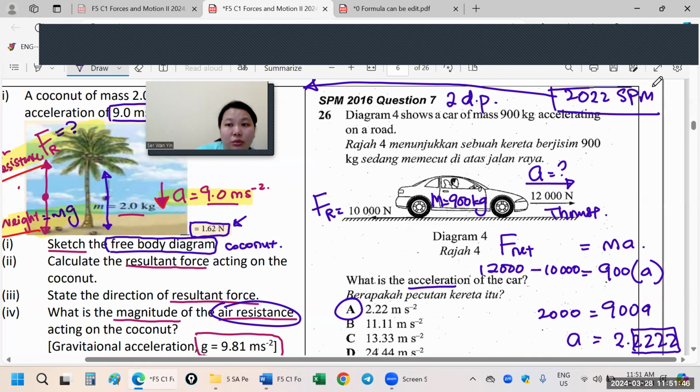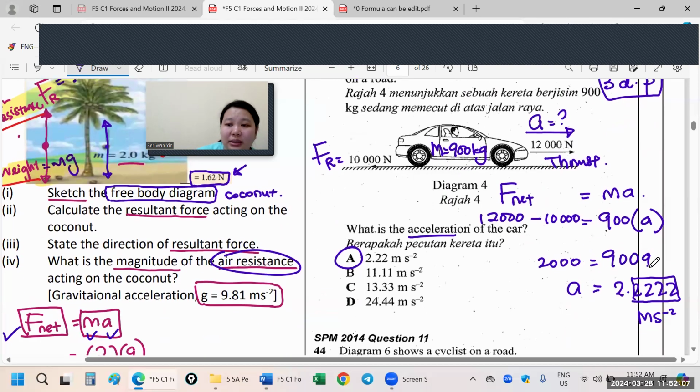After 2022, actually they want 3 decimal places, especially for Form 4 Chapter 3, where gravity has too many decimals. They prefer at least 3. So I think to play safe, why not we just put 4 decimal places? The safest one.